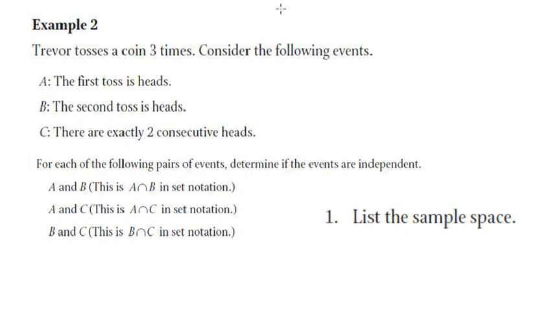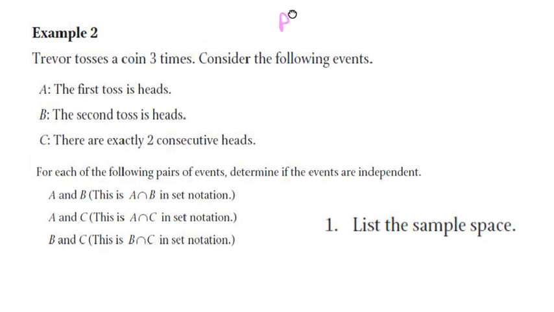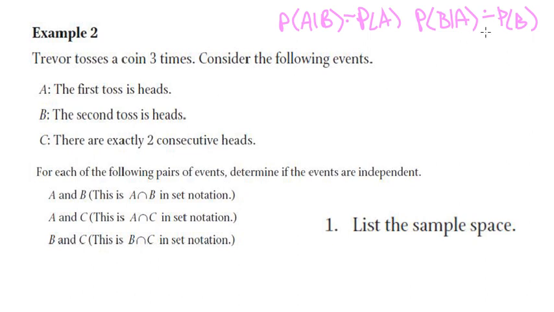It is still true that the probability of A given B would be equal to the probability of A for them to be independent. That's still true. The probability of B given A would be equal to the probability of B if they're independent. That's still true. But this is now talking about and. We're not talking about given anymore. We're talking about and.